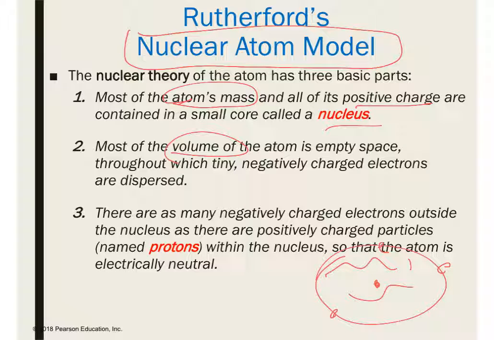And again, because we knew that atoms are neutral, and we knew about electrons because of Thomson's discovery, he said there must be as many positively charged protons in the nucleus as there were negatively charged electrons around it.